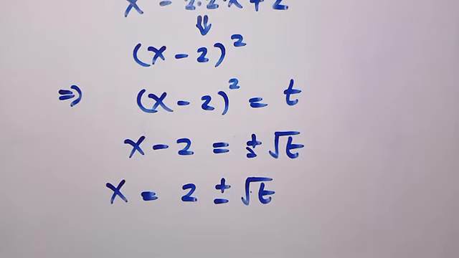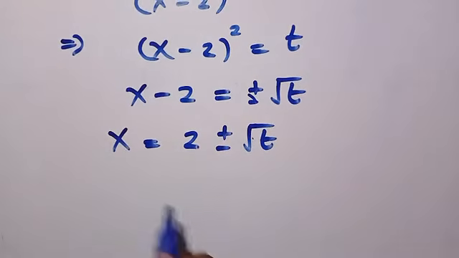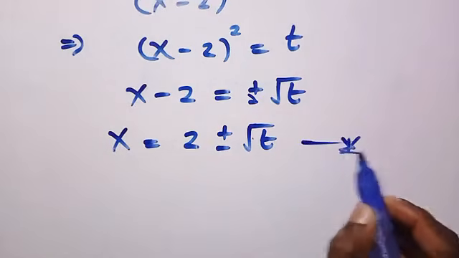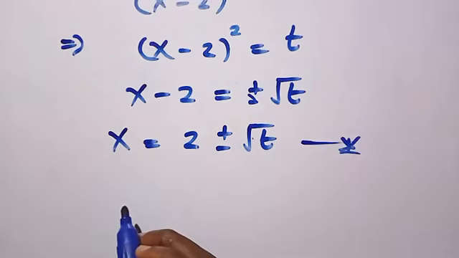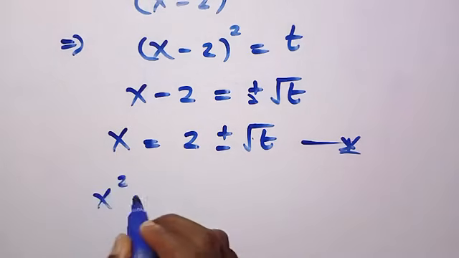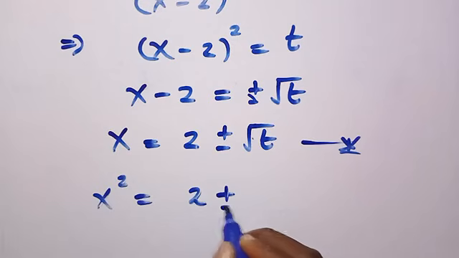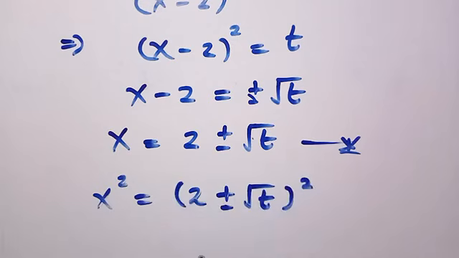And from the right hand side of the given problem, we have x squared. So we got x, and I want to get x squared from here by squaring both sides. So by squaring this, we are going to have 2 plus or minus the square root of t all raised to the power of 2. This is for the x squared.